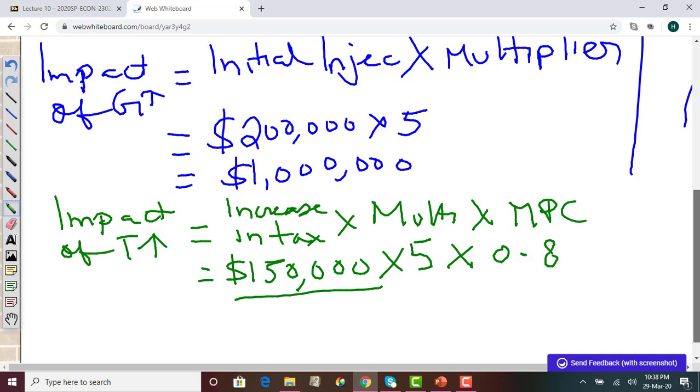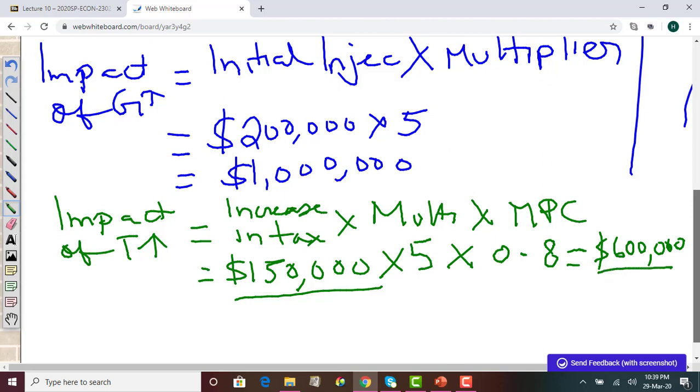So in this case, your output will decrease by 600,000. Because the government has increased taxes by 150,000, the output will actually go down by 600,000.